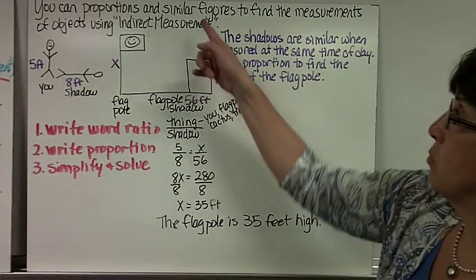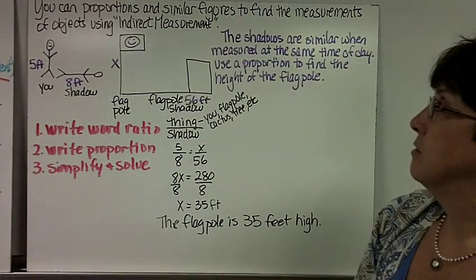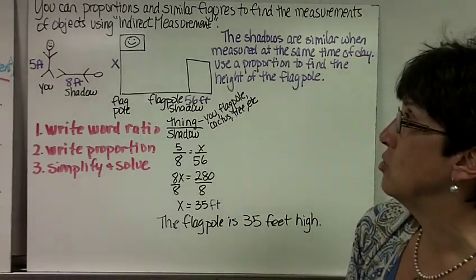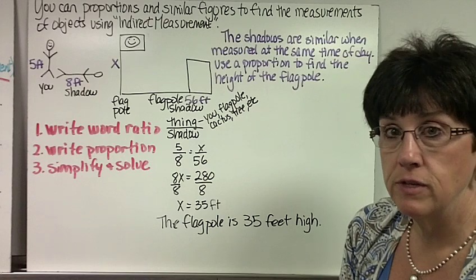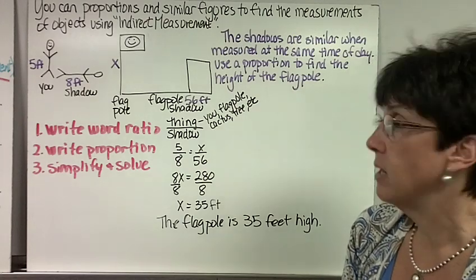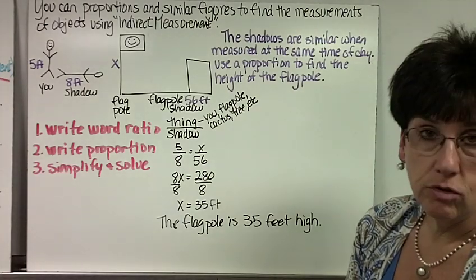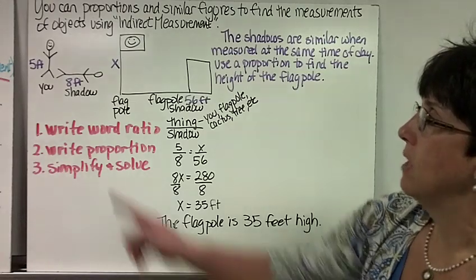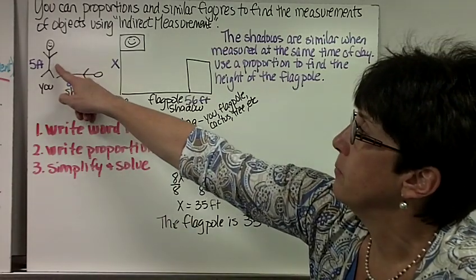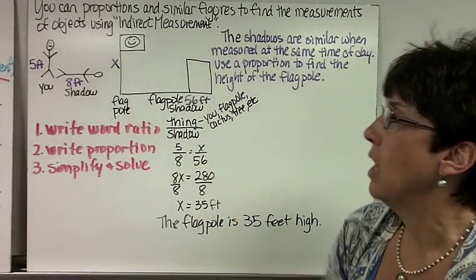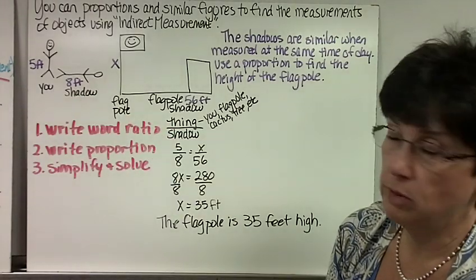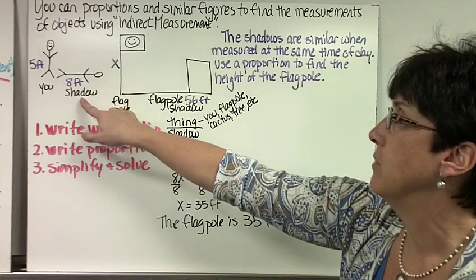You can use proportions and similar figures to find the measurements of objects using indirect measurement. So if there's something that you can't physically measure, you can use similar figures and figure it out. For example, here you are. You are 5 feet tall, and right now your shadow, that's why it doesn't have a face, is 8 feet long.